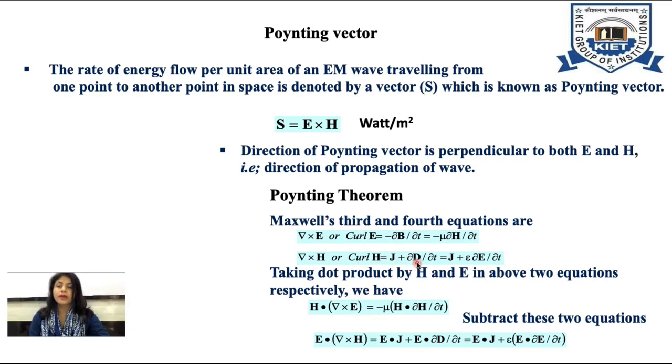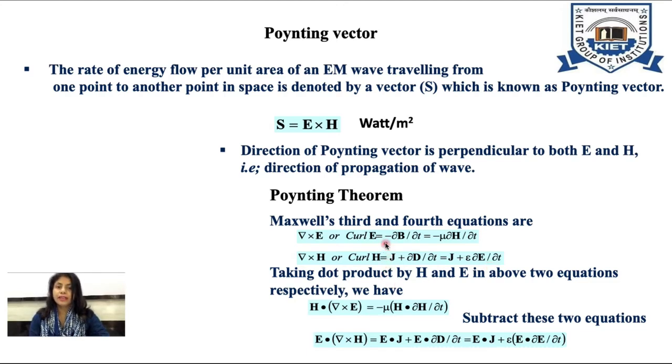D is equal to epsilon E, therefore curl of H is equal to J plus epsilon del E over del t. This is the Maxwell fourth equation. Third equation is curl of E is equal to minus mu del H over del t, and fourth equation is curl of H is equal to J plus epsilon del E over del t, where mu and epsilon are the magnetic permeability and electric permittivity of the medium.